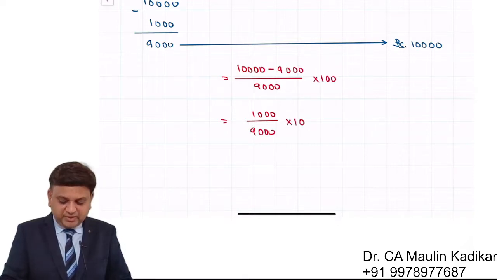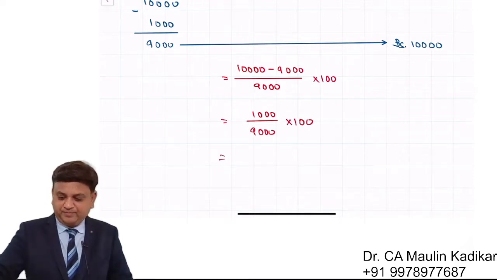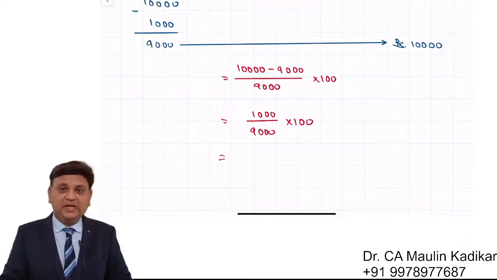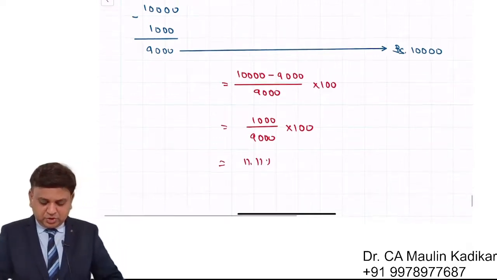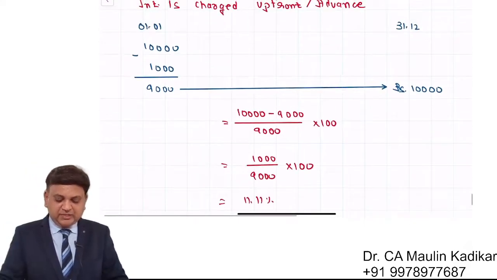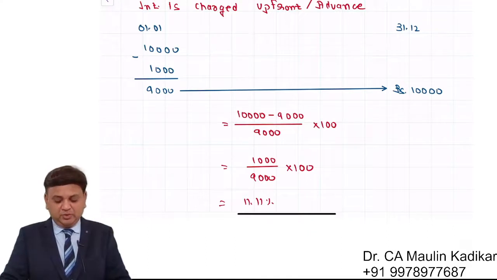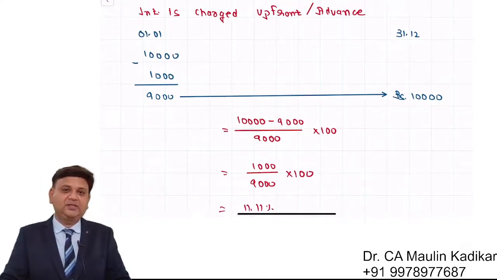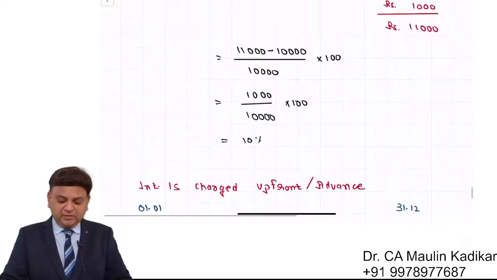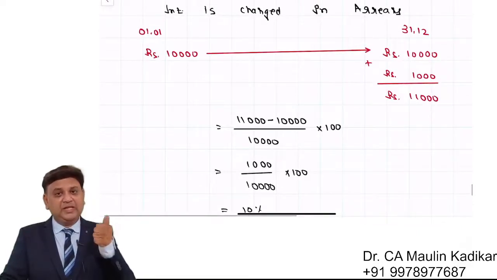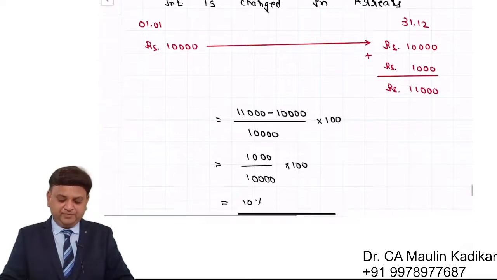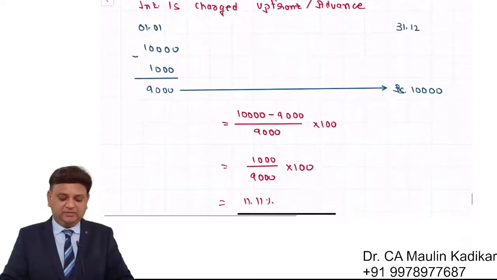So 1,000 upon 9,000 into 100, that comes to 11.11%. So your effective cost of the borrowing is more if the lender is charging interest to you in advance. Your effective cost of the borrowing will be less if the lender is charging interest to you in arrears.